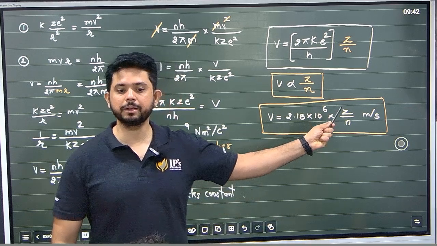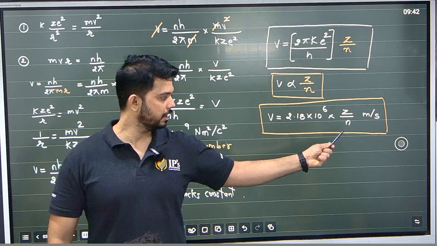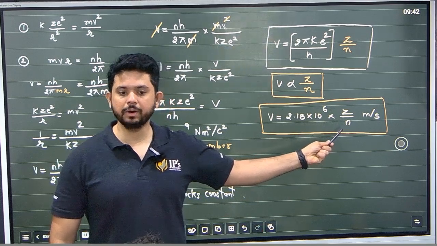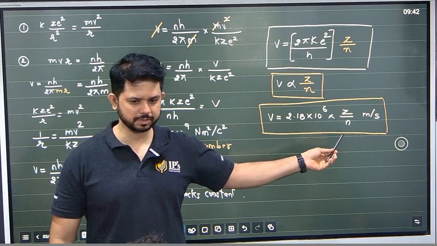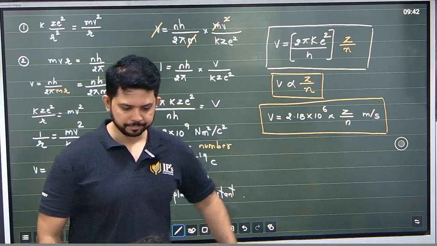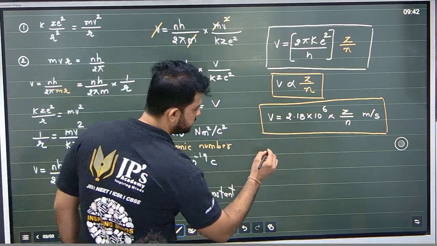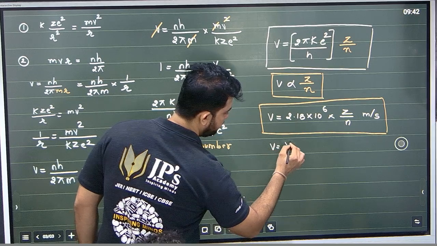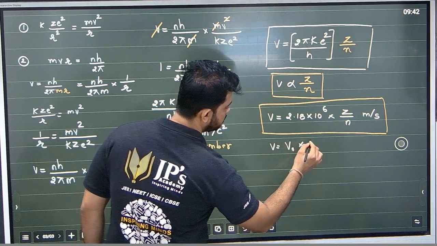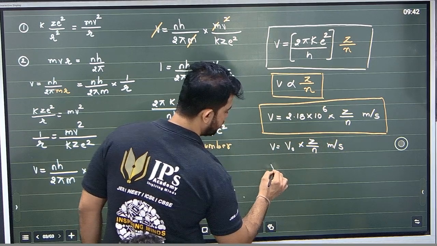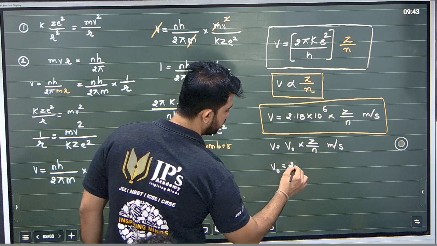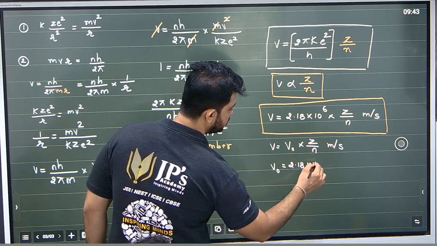Lithium atomic number 3, n is equal to 1. You can put n is equal to 2 depending upon what the question asks. We'll do some sums now. Did you people get that? Sometimes this is also written as v is equal to v naught into Z over n meters per second, where v naught is 2.18 into 10 raised to 6.